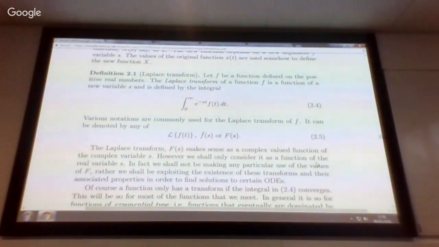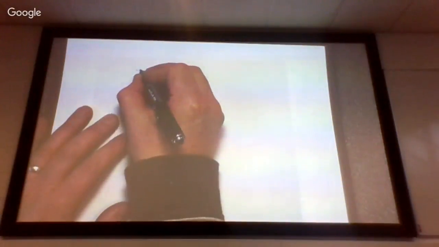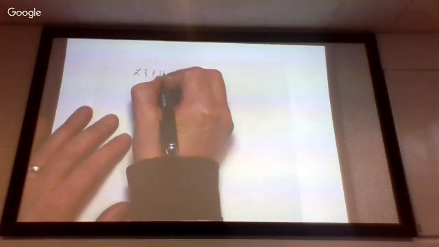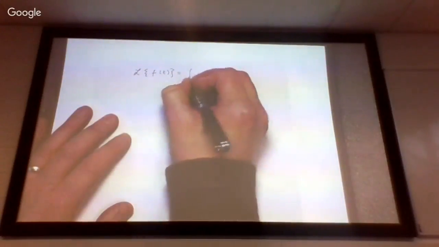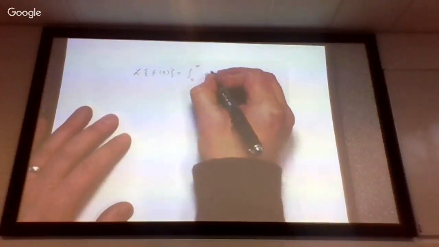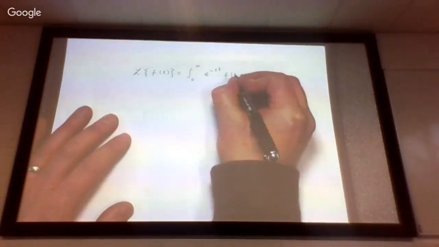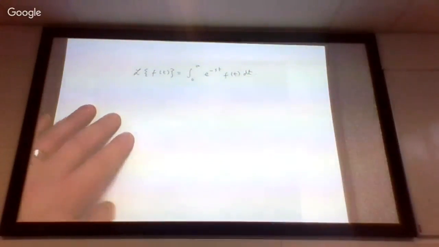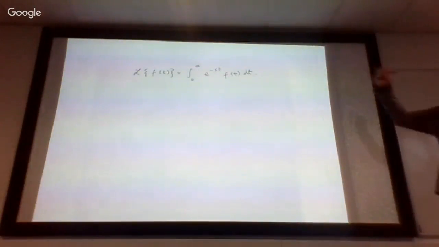So before we look at some examples, let's just say something about the definition. Here we have the Laplace transform of f of t as this integral. Now, this looks okay.